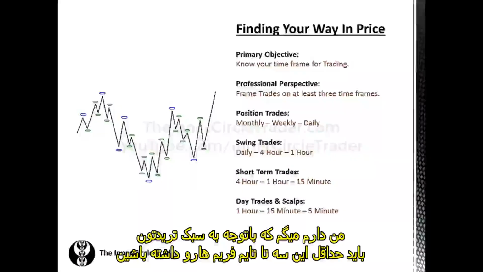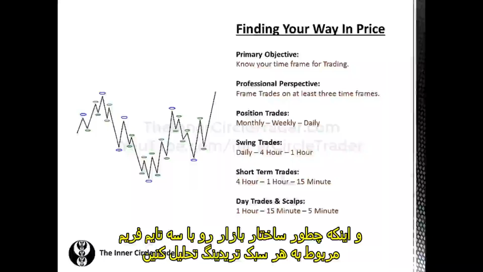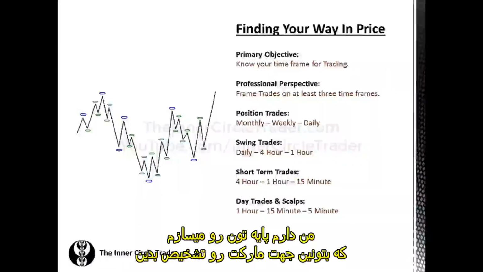I'm giving you the framework for at least having 3 time frames across the spectrum of your trading, and how you break down market structure over these 3 specific time frames for each individual trading model will give you, again, the building blocks to flesh out what you need to see in terms of directional bias.